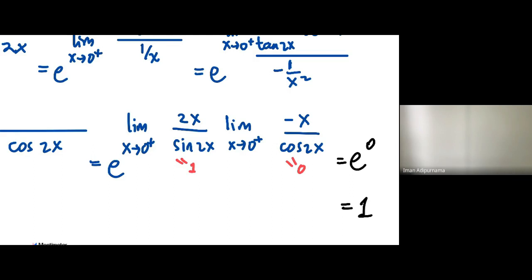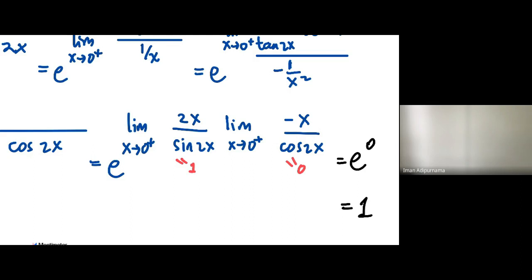Sometimes when you check some exercise with L'Hopital, maybe I will give you tonight or tomorrow a list of questions that you can solve. I'm not giving it as an assignment. So you can check, and sometimes most of the results will be e with the power of 0. But you need to see what kind of questions.